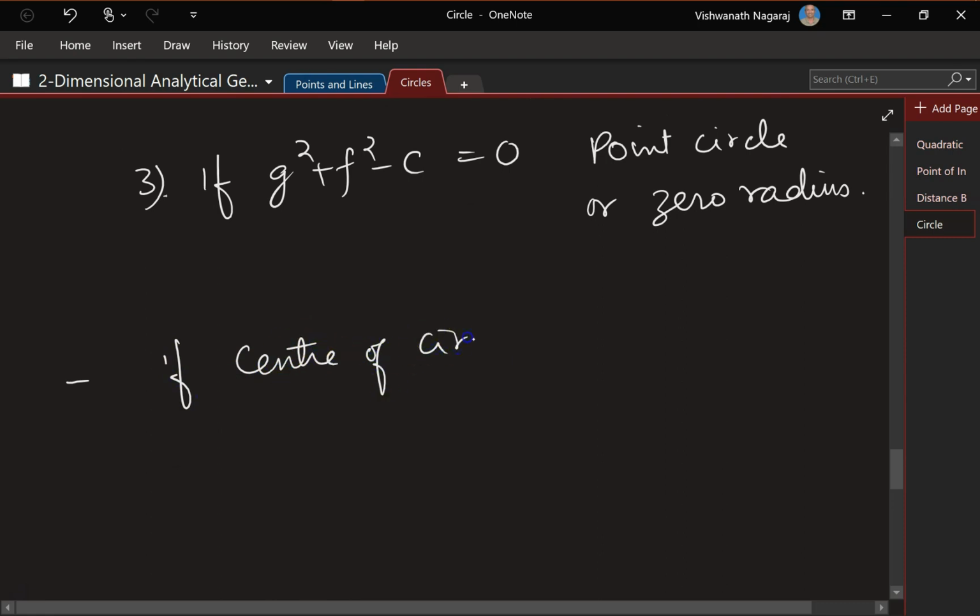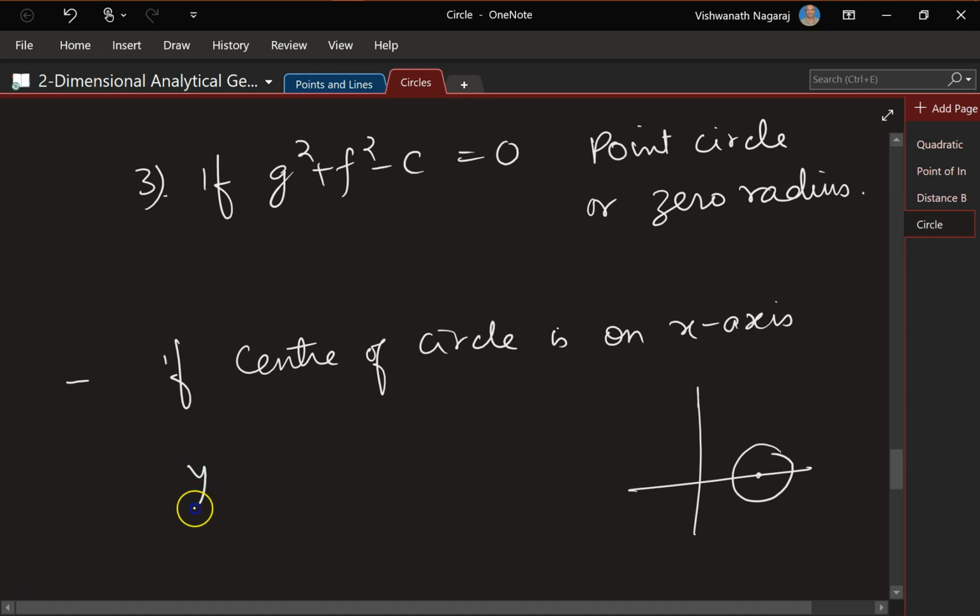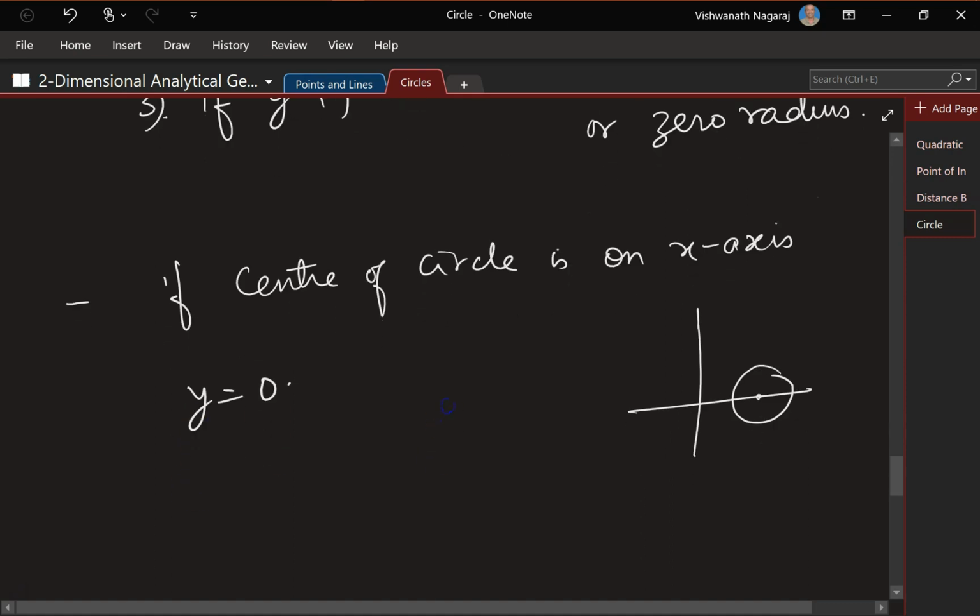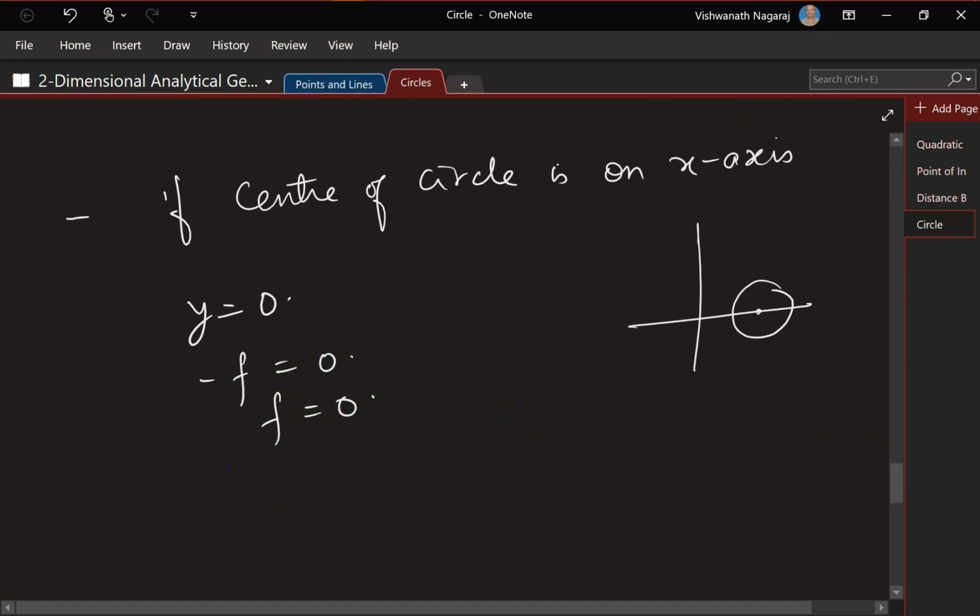Now, apart from this, if the center of the circle is on the x-axis, that means y equal to 0, which means minus f is equal to 0, which means f equal to 0. So the equation would become x square plus y square plus 2gx plus c equal to 0.